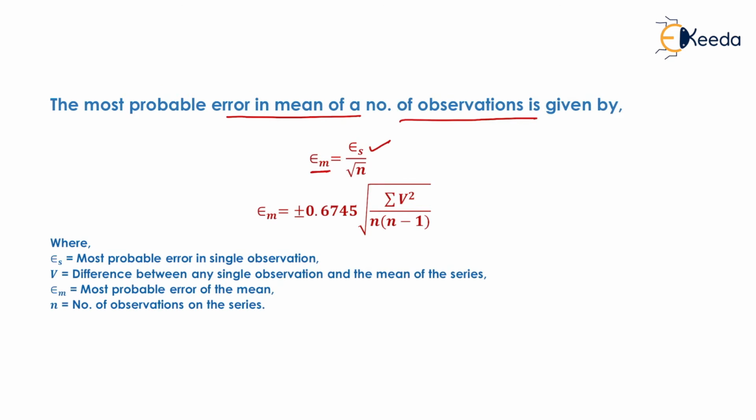So we will get the formula as plus minus 0.6745 under root summation V square upon n into n minus 1, where ES is the most probable error in single observation, V is the difference between any single observation and the mean of the series. Similarly, EM is the most probable error of the mean and n is the number of observations in the series.